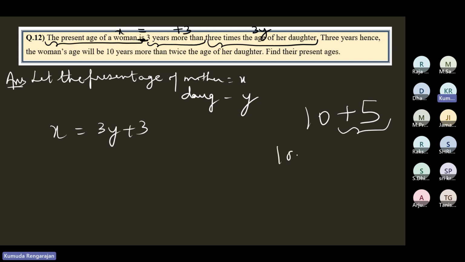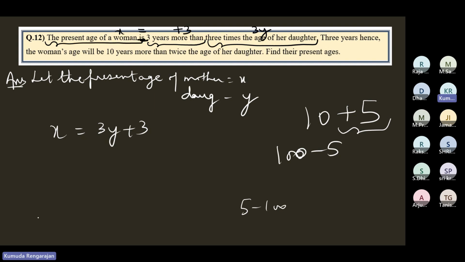Supposing you have 100 and you say I have 5 less than 100. 5 less than something, that something should come first. 5 less than 100 is not 5 minus 100. Less than what? Less than 100. That thing should come first, minus 5.